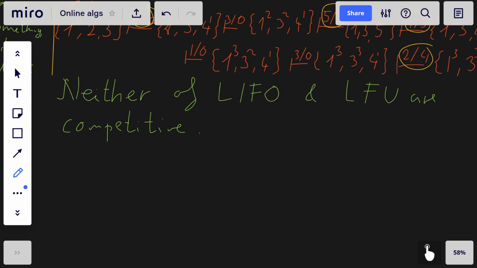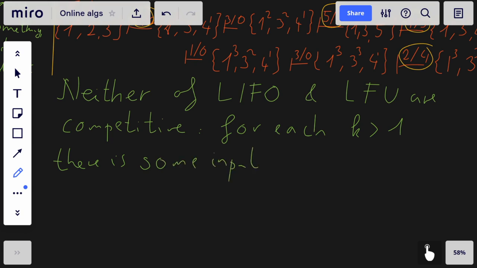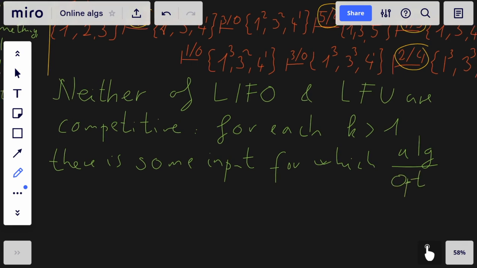This means that for each number k, there is some input for which the algorithm's cost divided by the optimal cost is larger than k.